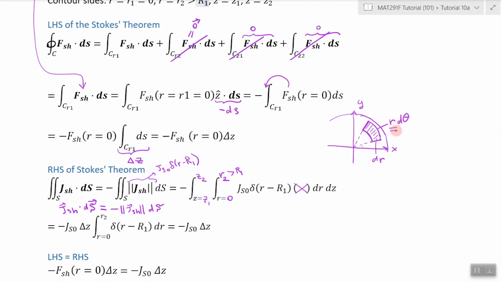And this is exactly the Jacobian. So your differential surface element, you can't take it as d theta times dr. For one thing, because d theta has no units and the length of this guy should have units of length. And also because d theta is not the length of this guy.